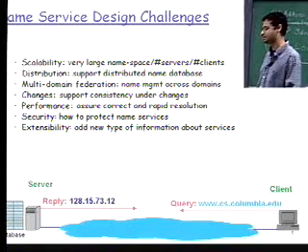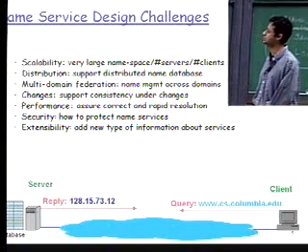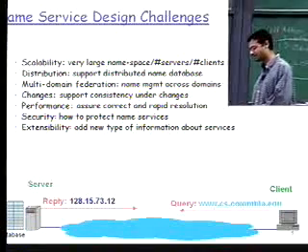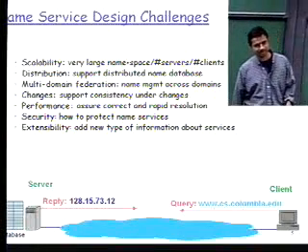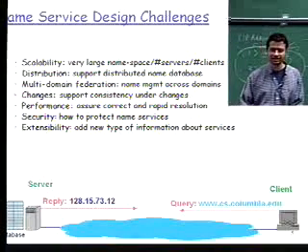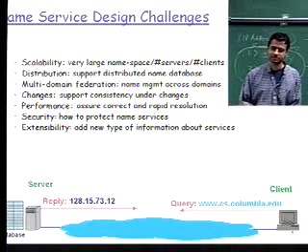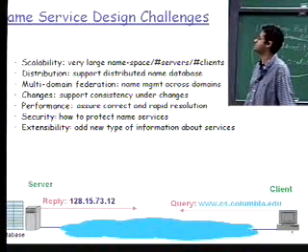In the current internet, it's likely to become even more with IPv6. So it has to support not only a very large directory, which is the size of the database, but also a large number of queries to this directory. So it has to be scalable in 2 dimensions: scalable in terms of the data that it has to handle, and also in terms of the queries that it has to support.